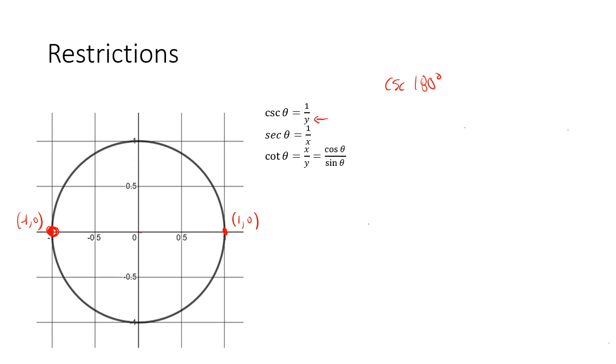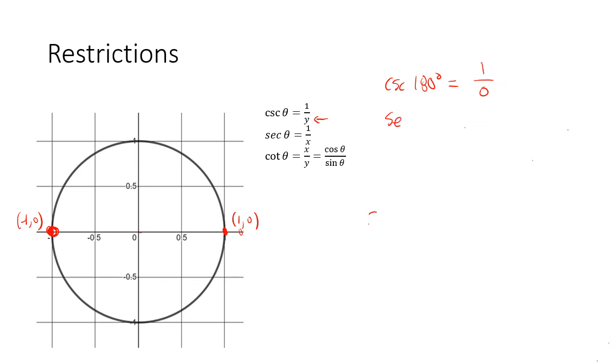I would write that out as 1 over the y value. Uh-oh, that's undefined. When we start to talk about trigonometric ratios as trigonometric functions, which is really what we're going for here, you'll learn that there's a discontinuity. There's a gap in the domain of cosecant at these values at 0 and pi, or 0 and 180 degrees.